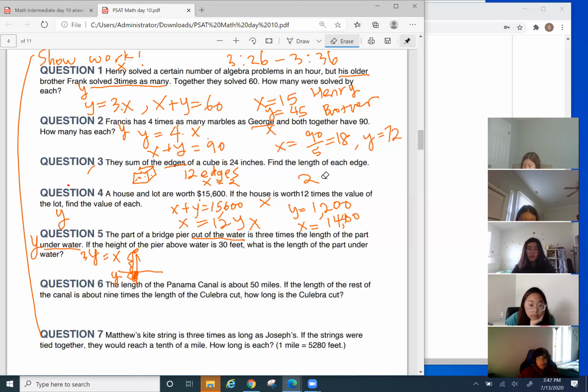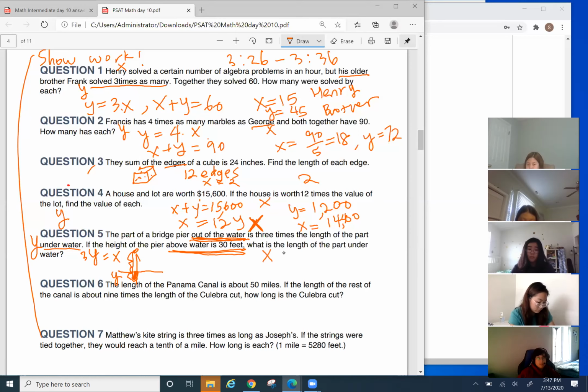Right. So there is only one equation here in this question, right? They gave you the number that's above the water. Above the water means it's out of the water, right? And we said the out of water is x. So they just gave you 30 there.